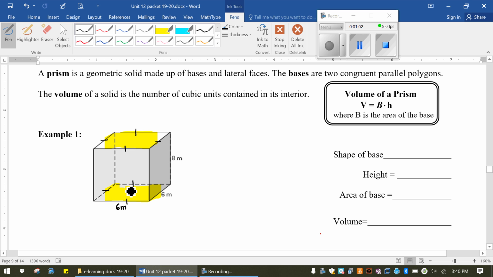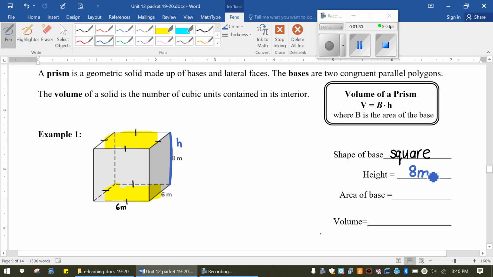So the shape of the base here is a square. We've got a square on the bottom for my base, and one on the top. Those are the parallel pieces mentioned in the description of a prism. What separates those bases is the height of the prism, which here is 8 meters.